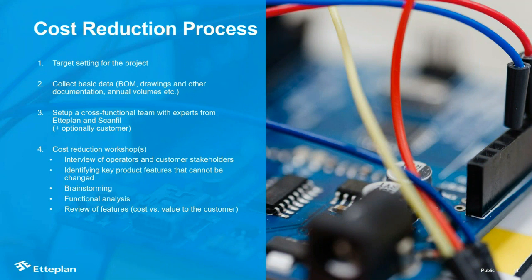Then we'll have to do a functional analysis of the existing device. By this, one way to look at it is to see how the device works. How is it intended to work? But there could be some differences in the original design that was done maybe, let's say, 7 years ago.